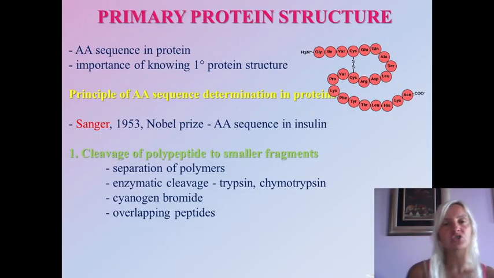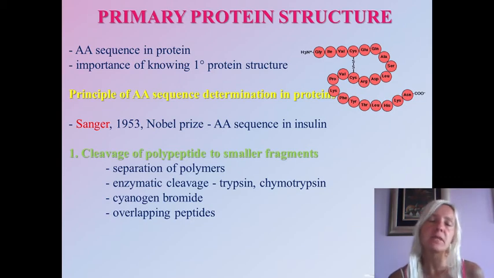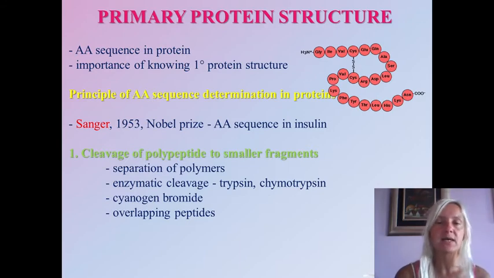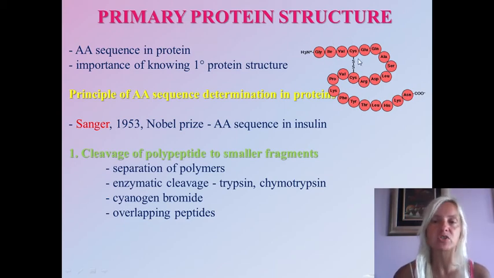Primary structure defines the amino acid sequence in a protein, and this is what we did so far. Those are amino acids connected by peptide bonds. So the amino acid sequence means knowing which amino acid is in position number 1, which is in position number 2, 3, 5, 28, 372, and so on.